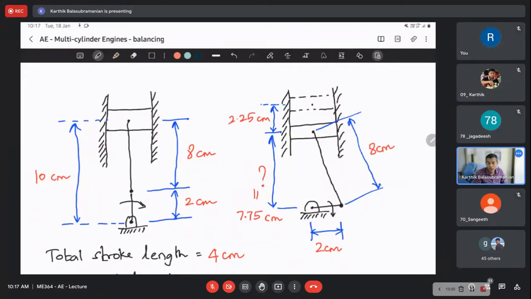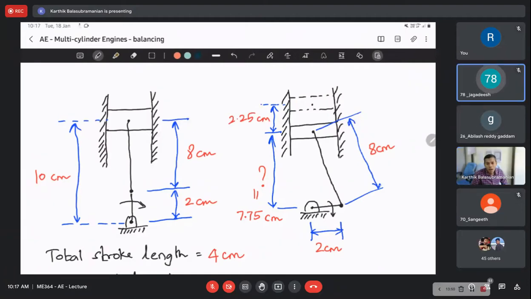I've given you the numbers here: 8 centimeter, 2 centimeter, 10 centimeter. By what length the piston would have moved down when the crank throw is horizontal? I've shown you a horizontal crank throw there, right?